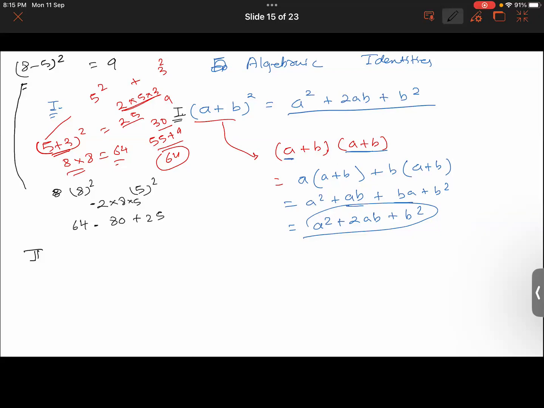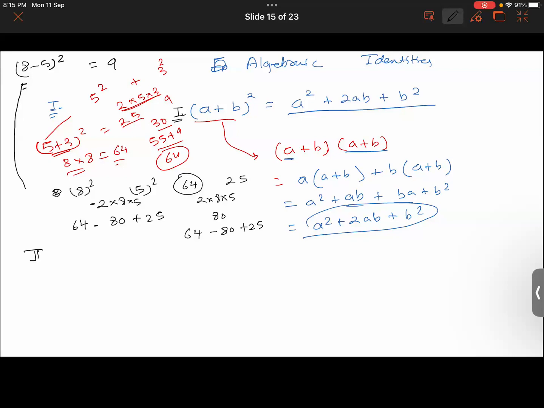So how much are we getting here? Look, let's see if we have done some mistake here. 8 square is equal to 64, right? 5 square is 25. 2 into 8 into 5, that is 80 here. 64 minus 80 plus 25, right now. So that gives you how much?